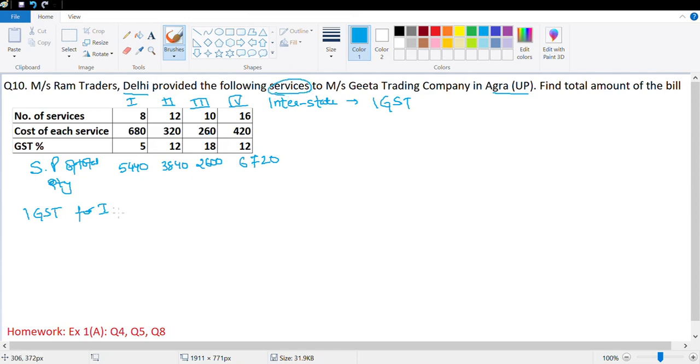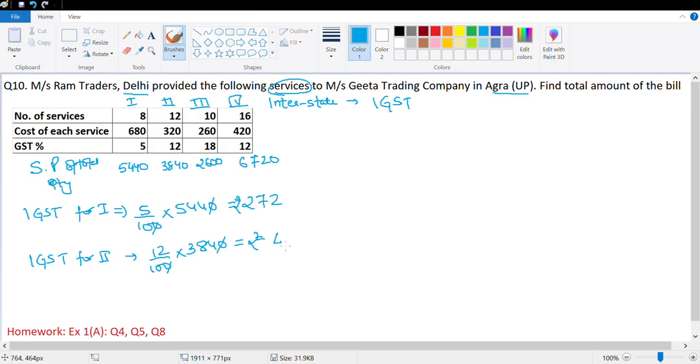So for service 1 it is 5 upon 100 into 5,440, and this is 272 rupees. Next, IGST for service 2, at the rate of 12% of 3,840, is 460.80.